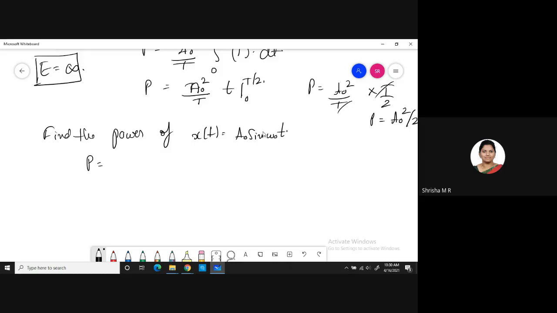The equation of power is 1 by T integral minus T by 2 to T by 2 modulus of x of t whole square into dt. We can take 0 to T also as limits. One period you have to take.